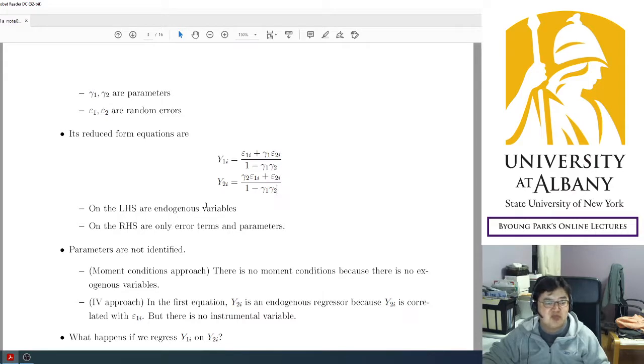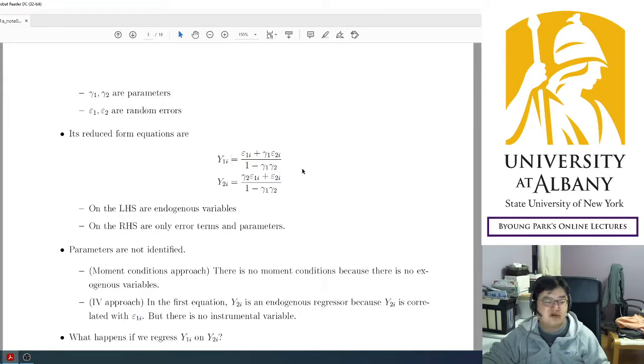But as you can see, there is nothing we can do here because y1 is simply some weighted sum of two errors, and y2 is another sum of errors multiplied by the parameter. So there is nothing you can do.